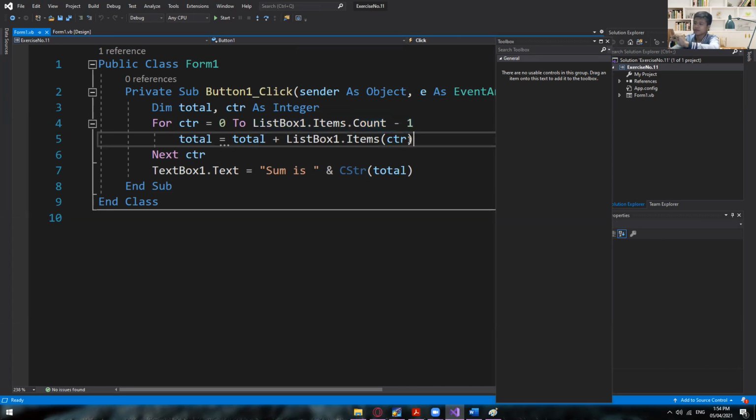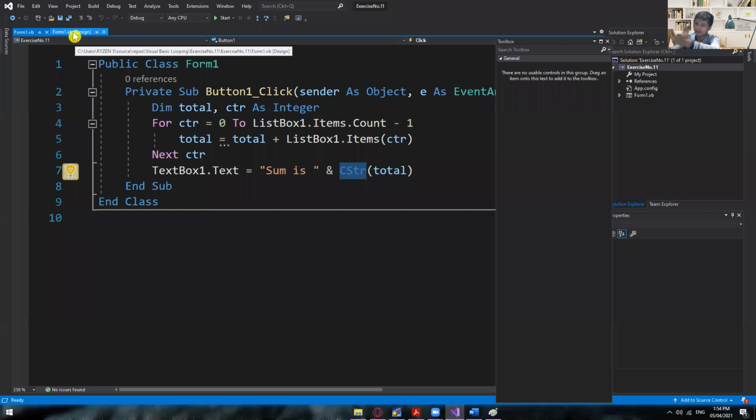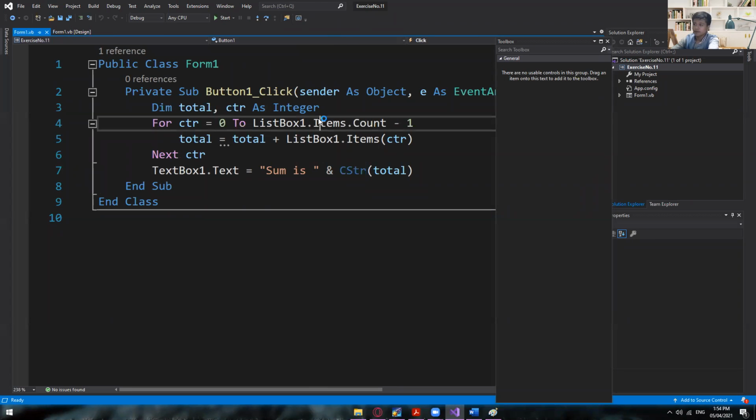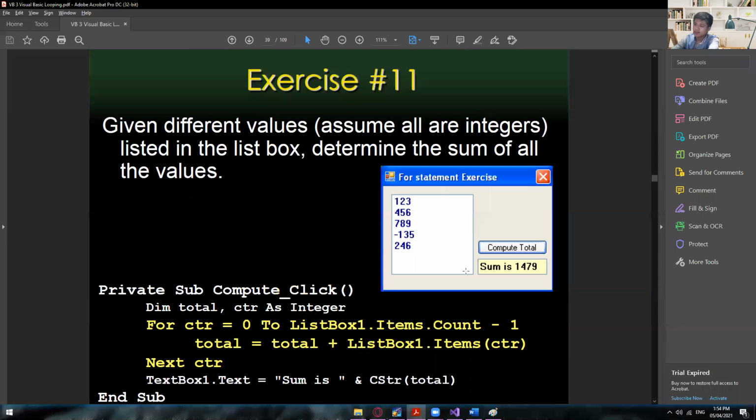Of course, each will be added to this variable total, and then it will be shown in the result. Take note that it will be converted to string, so it's not an integer anymore but a string. As a result, you will have this. That is just a quick example regarding this function, count minus 1.